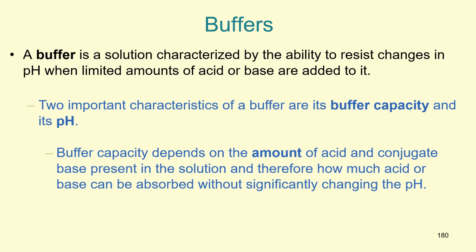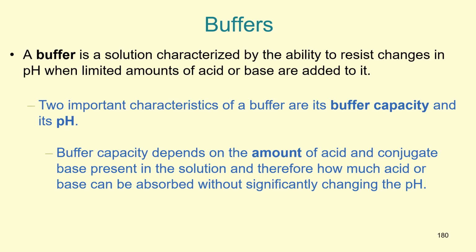Can I add a few drops and it'll wreck the buffer? Obviously if I added a whole lot of acid or a whole lot of base, eventually it would wreck the buffer. It's how much of the acid or base it can absorb. That's its buffer capacity, and it has to do with the concentrations of the two ions in the solution.